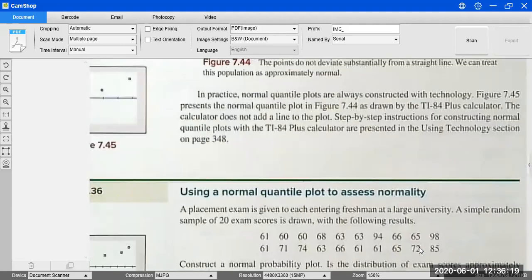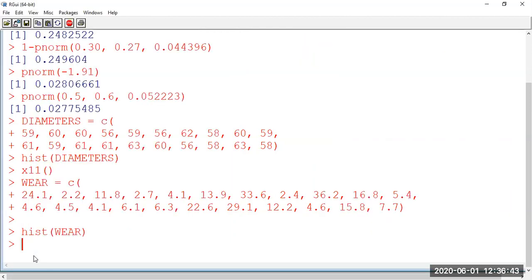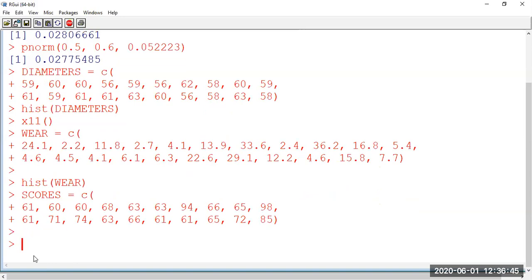So I'm going to use my R console again. Now I'm going to enter the information for the new problem. Those are the scores. We're going to enter the scores in the same way that I did before, in several lines to be able to see that I'm entering the right scores.